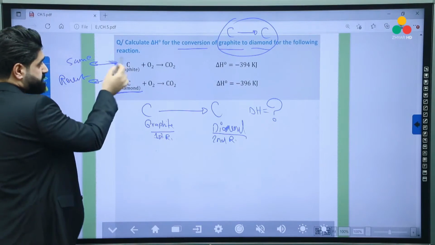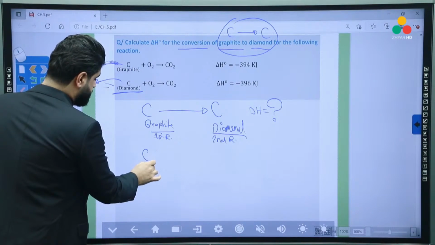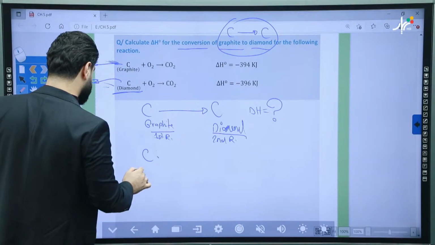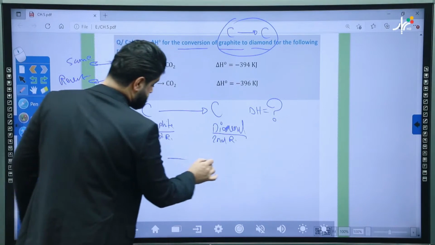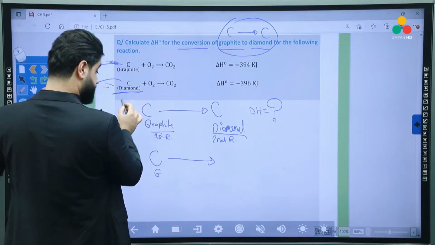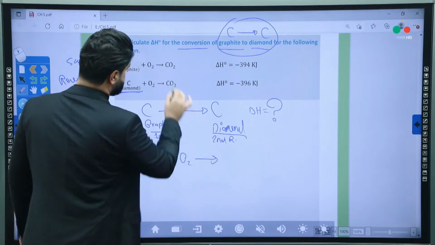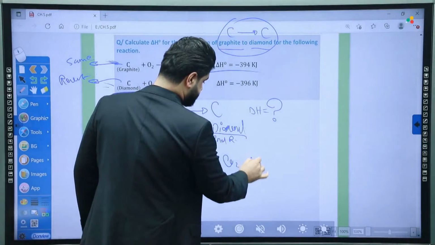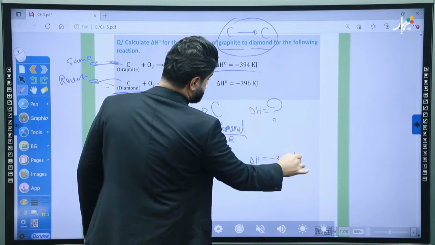Okay, let's make the change. Carbon graphite, which I will abbreviate as uppercase G, plus O2 producing CO2, and delta H is negative 394 kilojoules.